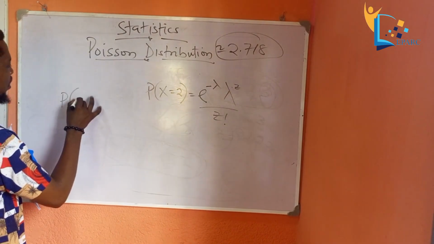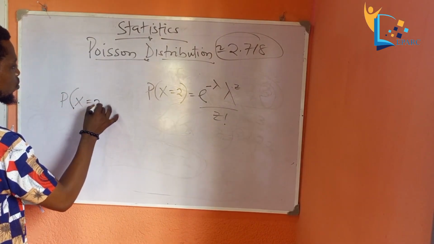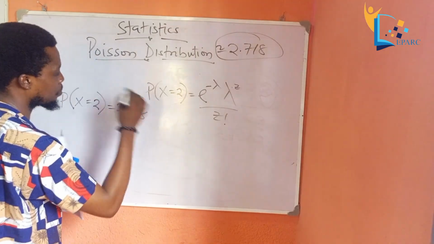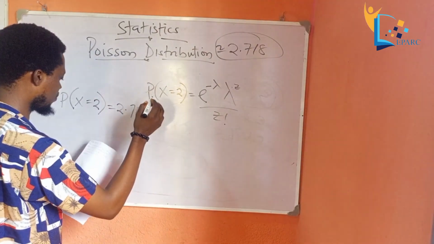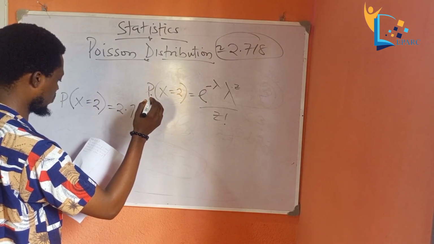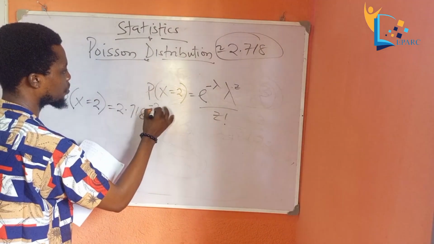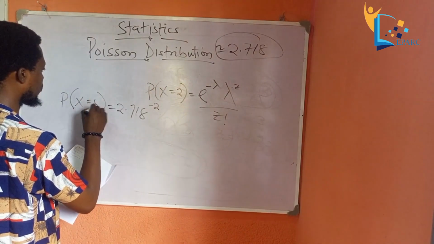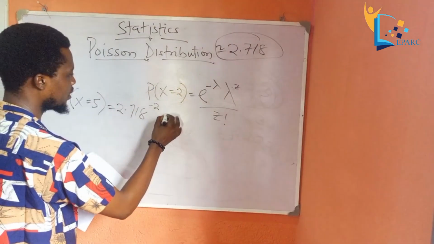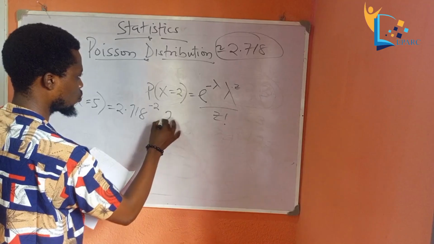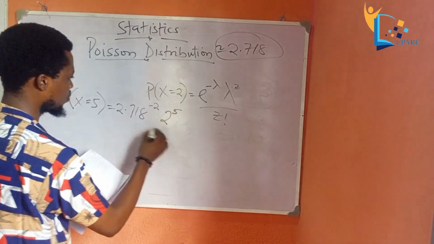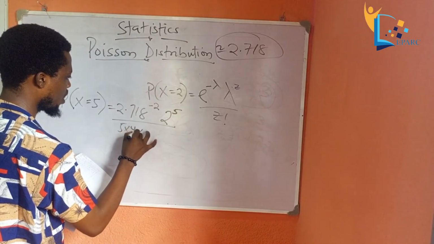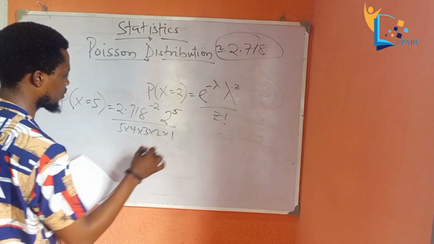So we have P of X equal to 5, which is equal to 2.718 raised to the power of minus our average number, 2, then lambda, which is 2, raised to the power of 5, all over Z, 5 factorial. We have 5 times 4 times 3 times 2 times 1.